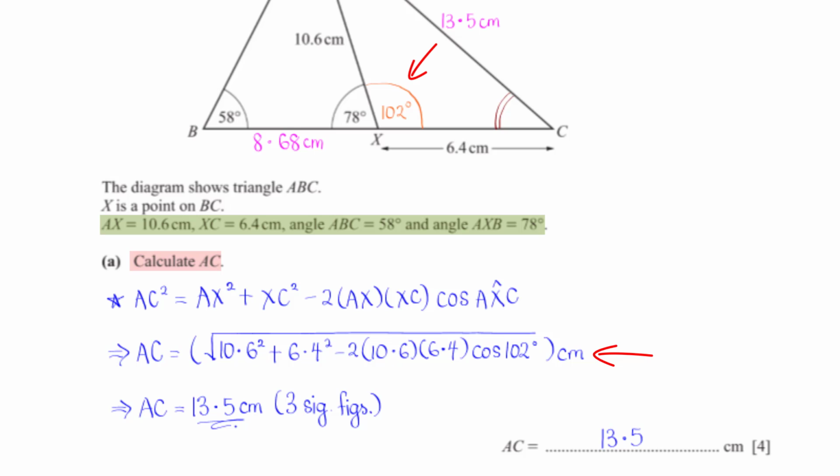The value of angle AXC can be found by applying the fact that angles on a straight line add up to 180 degrees. And so by subtracting 78 degrees from 180 degrees, we get the value of angle AXC as 102 degrees. When we slot in all these values into the equation and type them into the calculator, we get the value of AC as 13.5 centimeters, correct to 3 significant figures.